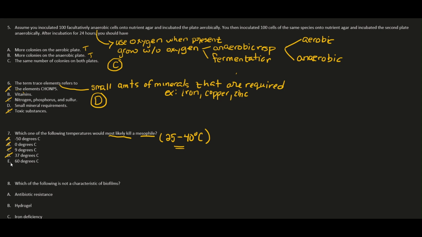And then we're left with 60 degrees, which would be the optimal temperature of a thermophile. And we are talking about mesophile, so it's outside of its optimal growth and can kill. So the answer is E.